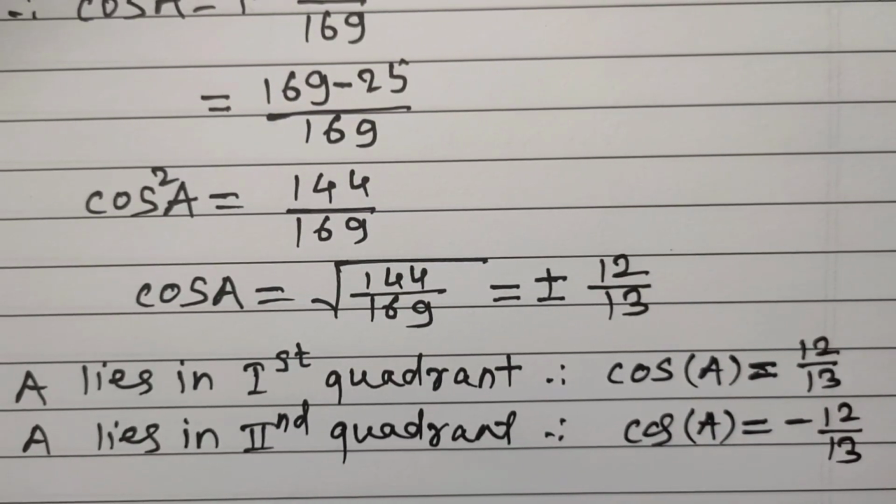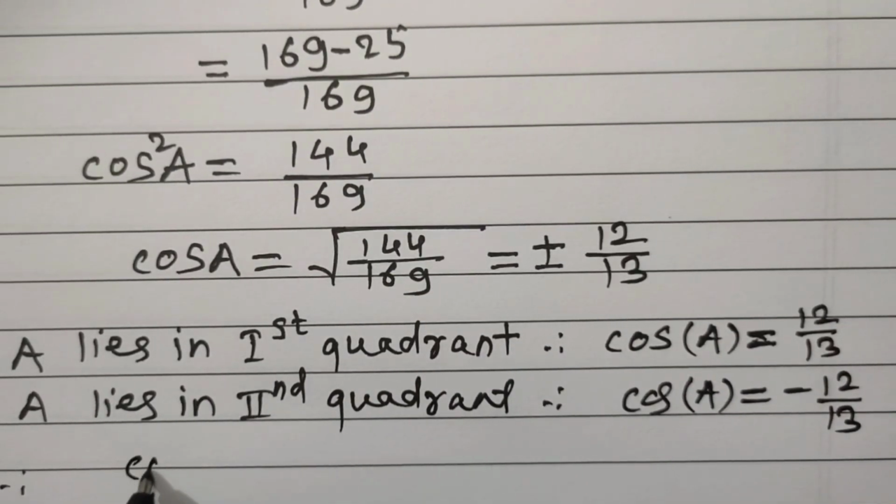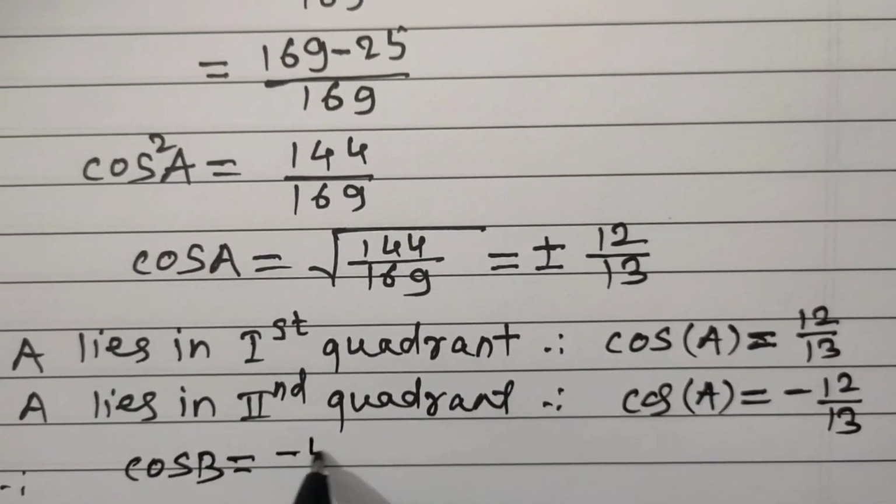Let us decide afterwards. Before that, with respect to the cos B value, we have to find sin B. Cos B is given as minus 4 upon 5.